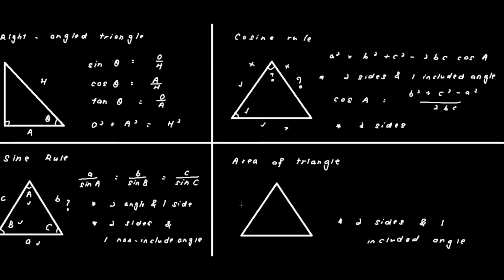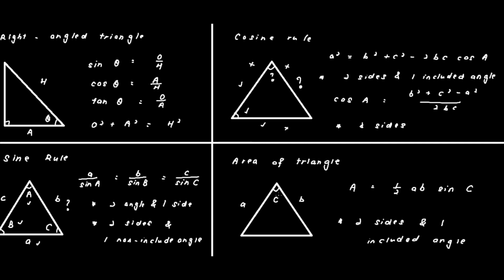So if you have AB, you also need to have here. The area of the triangle will be equal to 1 over 2 times AB sine C. So two sides and one included angle give you the area of your triangle.